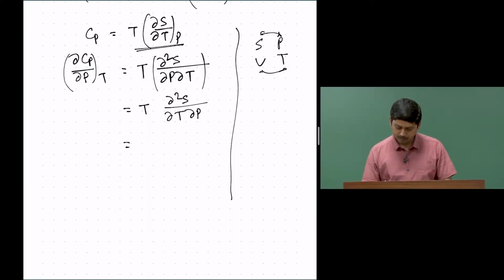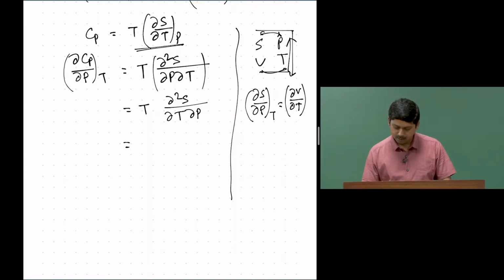But there is a plus and minus thing, as you can see from my arrows. So ∂S/∂P at a constant T is ∂V/∂T at a constant P, but with a minus.